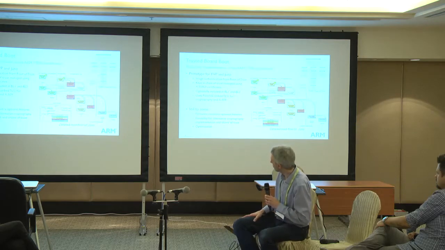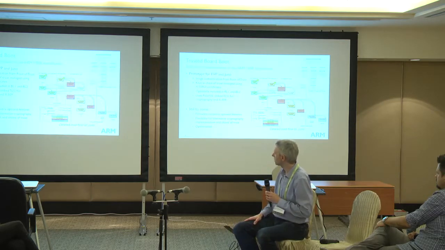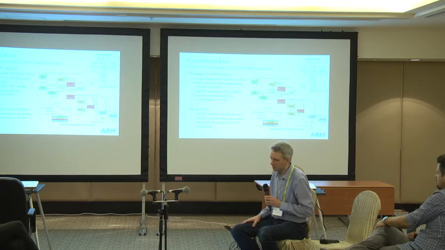So the root of trust is usually expected to be something that is fixed in the hardware platform, on the SoC. Depending on the market, it might actually be baked into the ROM, or it might be a one-time programmable fuse, and it's something that the actual OEM will program in.